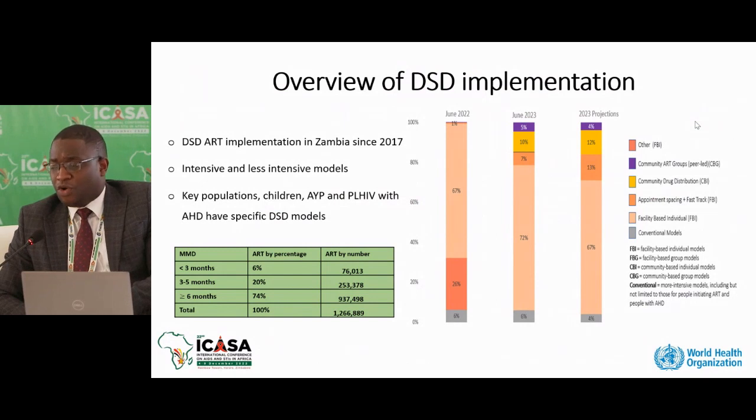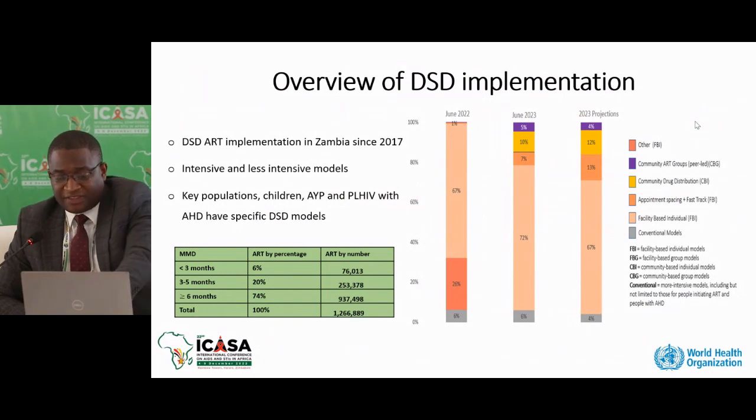Right now, the core indicator, as Howard put it, for MMD of 6 months is 74%, and it fluctuates month to month, as you would imagine. But if you put it at above 3 months, 94% of patients are receiving ARVs for more than 3 months. We have both facility and community models, as shown on the slide.